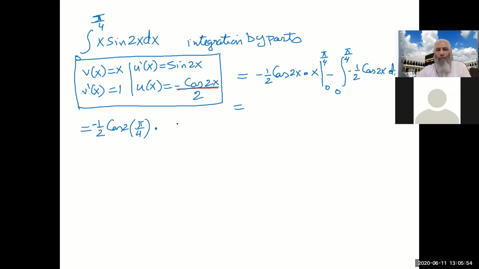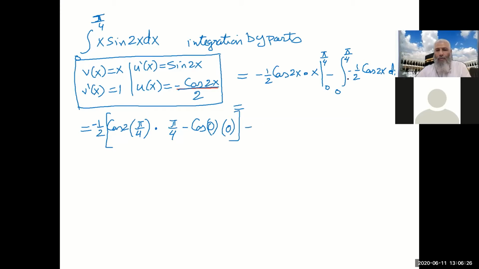Multiply pi over 4, minus... I'll substitute by 0. Cosine 2 times x is 0, multiply x, which is 0, right?